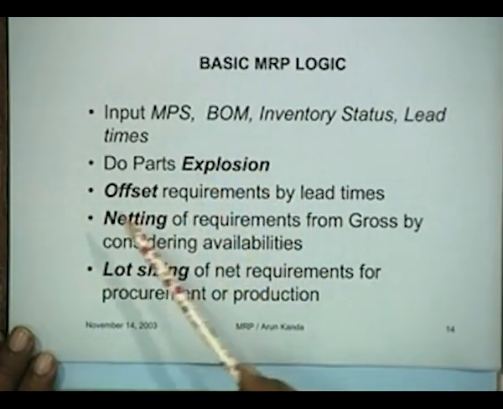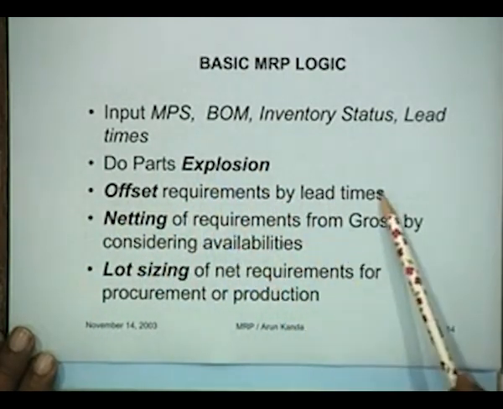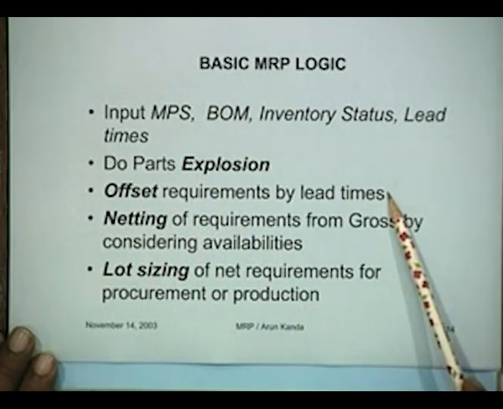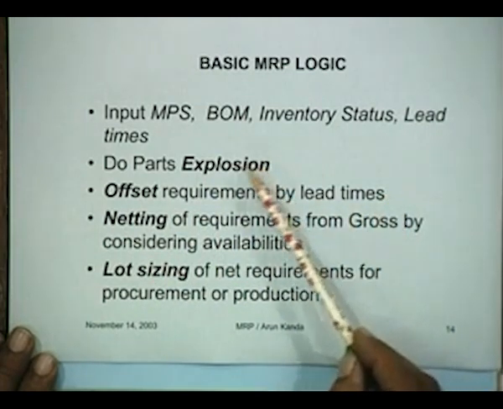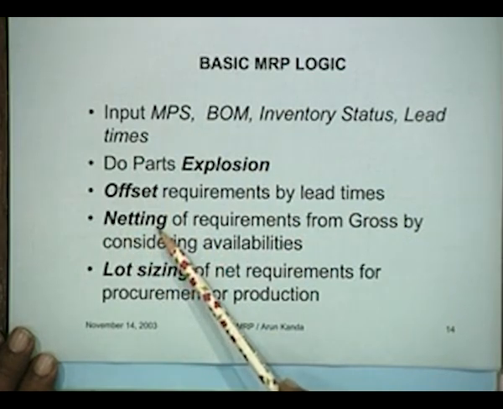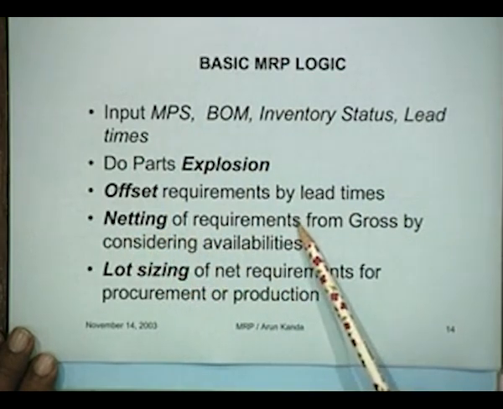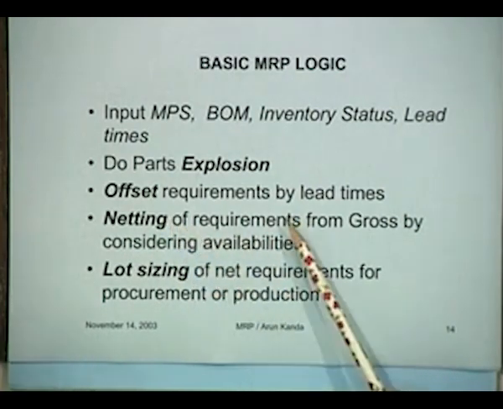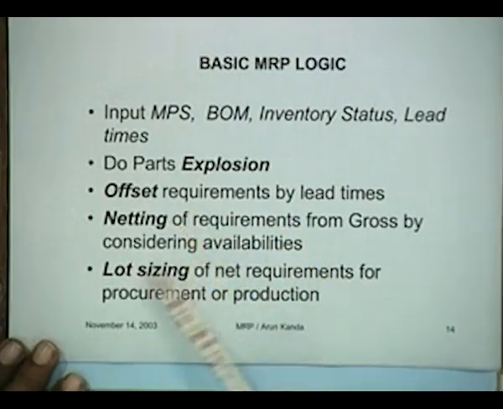After the explosion, you have to offset the requirements by lead times. So there is explosion, offsetting, then netting. Netting means my gross requirements are 100, but I already have 20. So I need how many? 100 minus 20, it is 80. This is called netting. What is my net requirement? It's as simple as that, right? And then finally, you may do lot sizing of the net requirements for procurement or production.